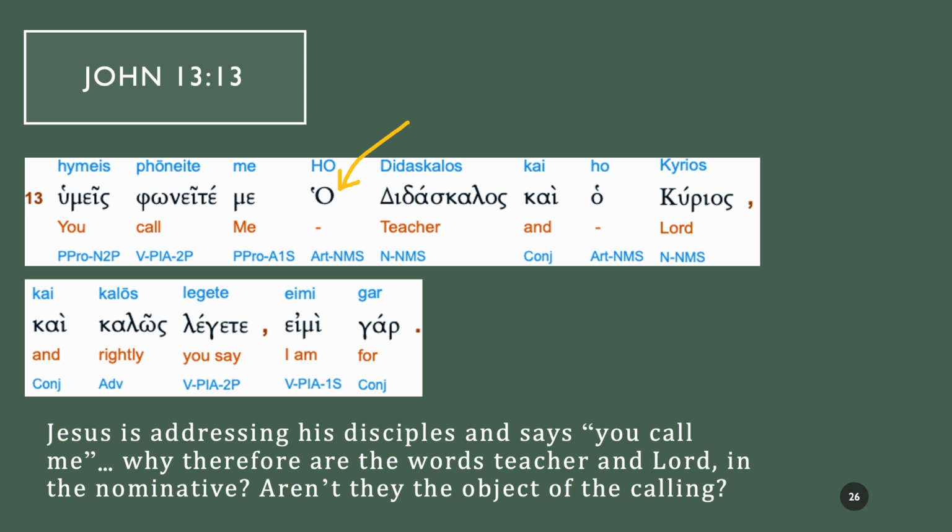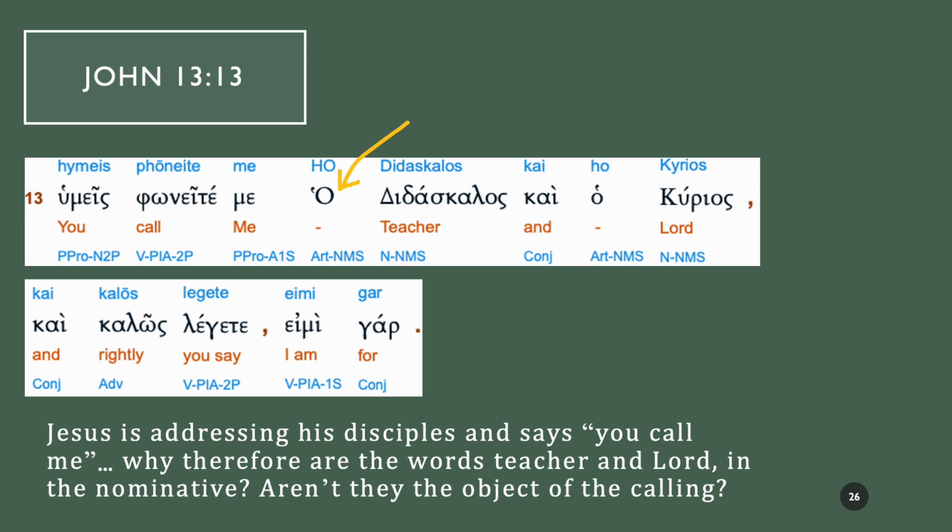It's a new clause. Also, it's a title that he's being named with, so we would expect nominatives to be used in a titular fashion, that is to give a title to somebody. Didaskalos kai ho kurios. And then in the last line, he said, and rightly you say this. This harks back to the previous nominative of you, the disciples.